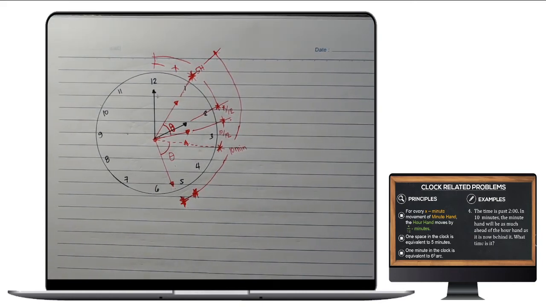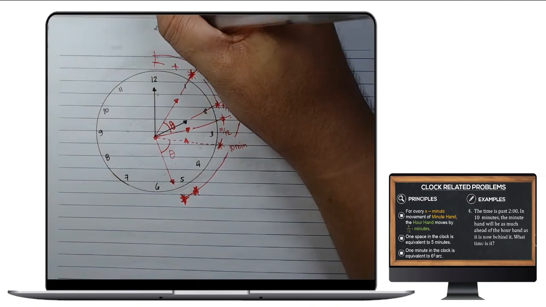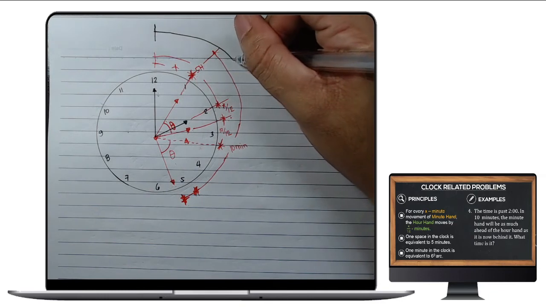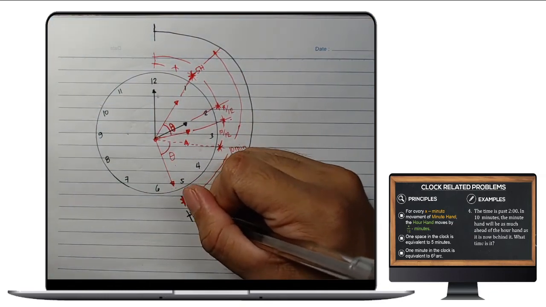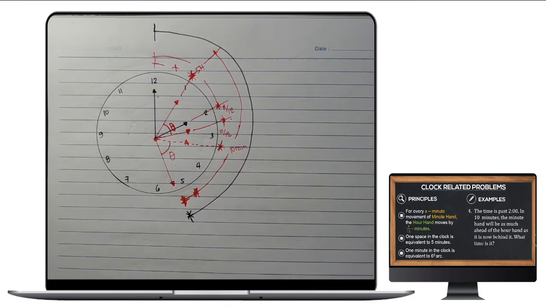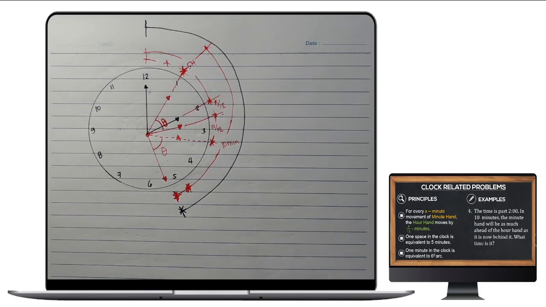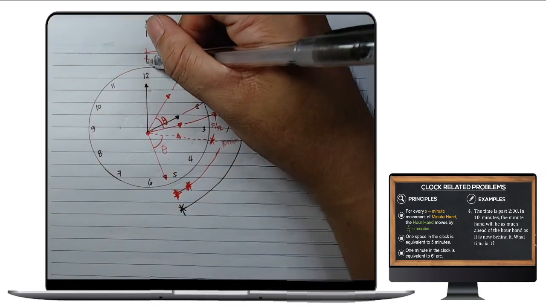So let's equate this full displacement. Let's say from this point going up to this point. So let's have this, yung buong yan. So let's form the equation. From this point going to this point. So let's start with this one.